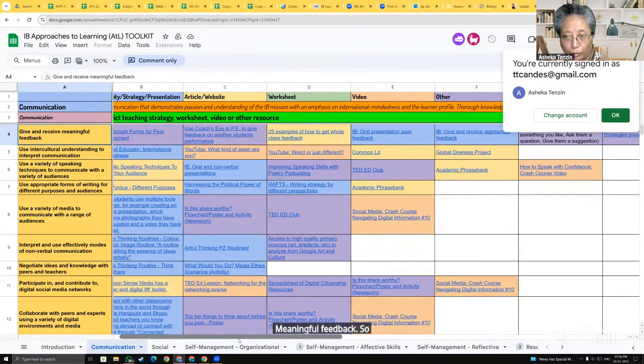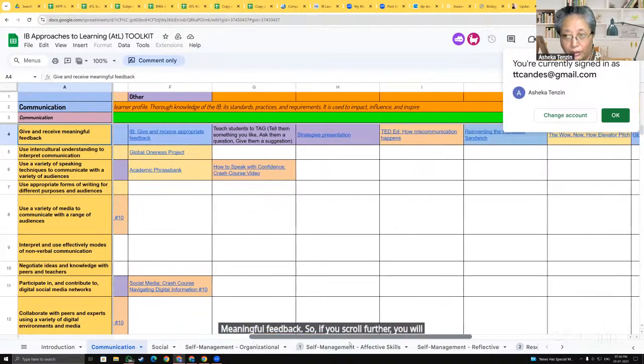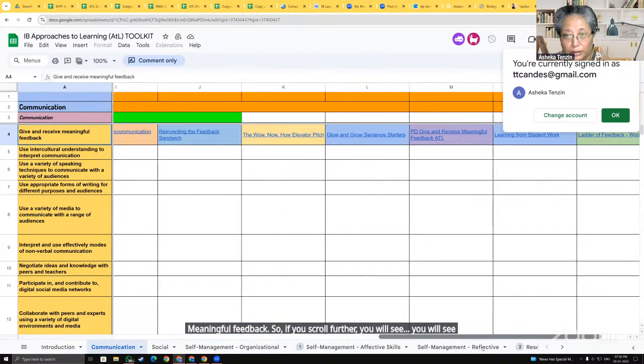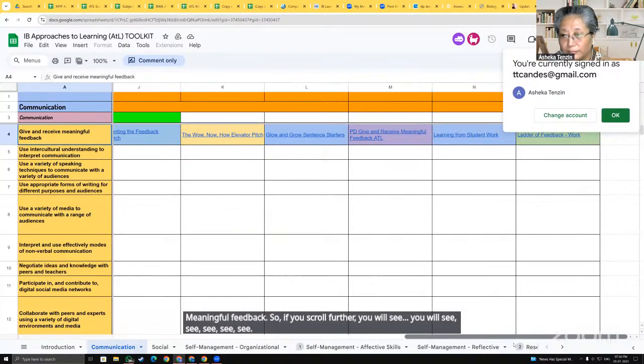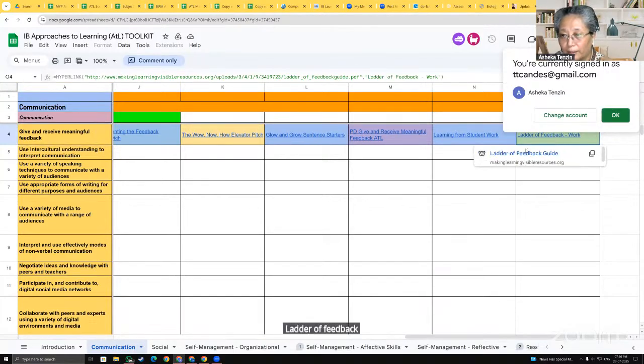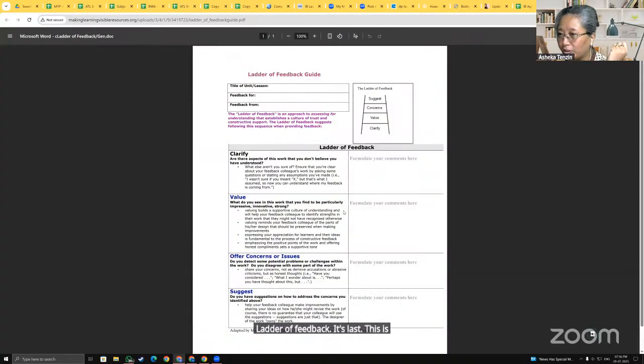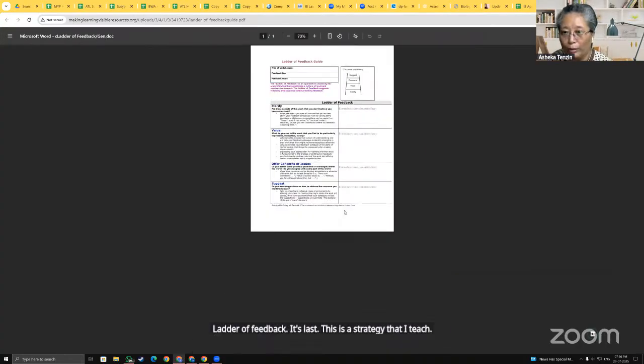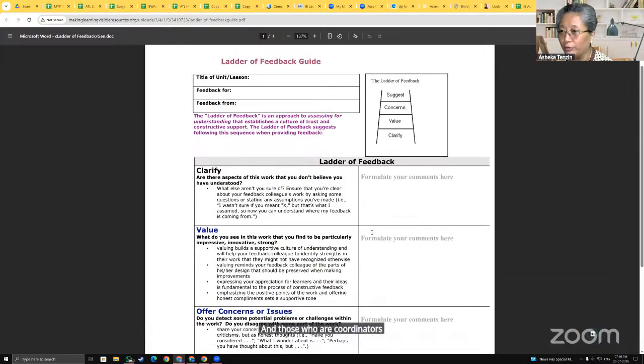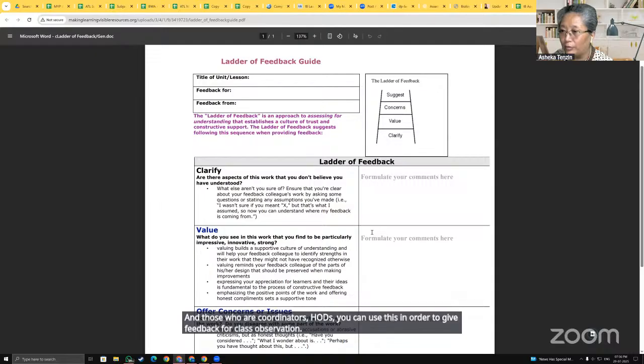If you scroll further, you will see ladder of feedback. It's last. This is a strategy that I teach. And those who are coordinators, HODs, you can use this to give feedback for class observation of the teachers.